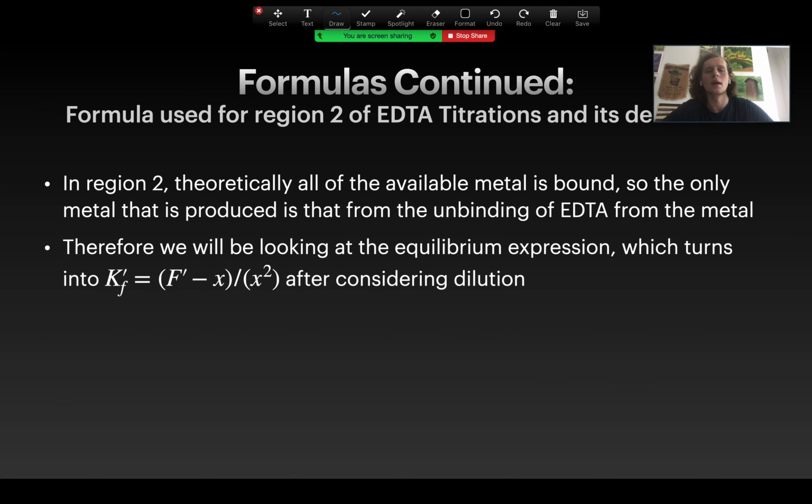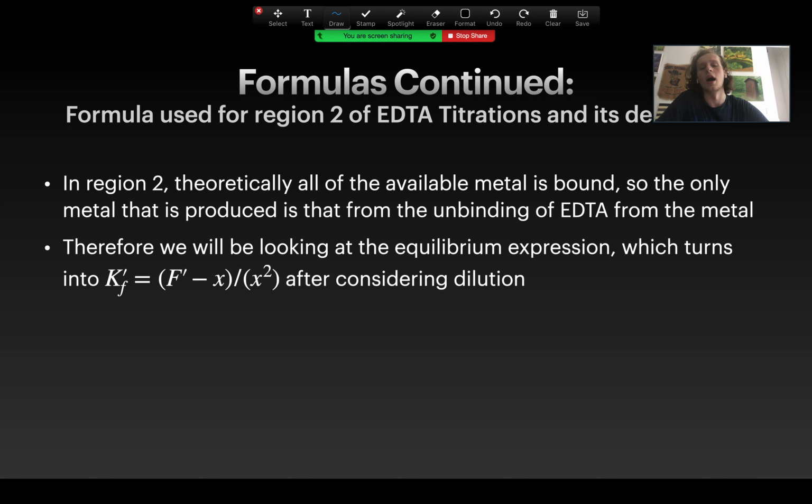In region 2, theoretically all the available metal is bound, so the metal that is present comes from the unbinding of EDTA from the metal. So we're going to look at the equilibrium expression for the formation constant, in this case the modified formation constant K prime F, which is the concentration of bound EDTA over the concentration of free metal and free EDTA.